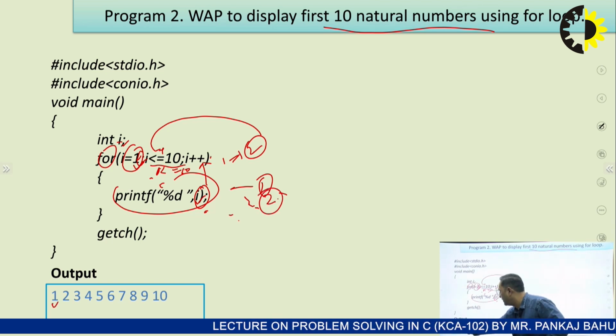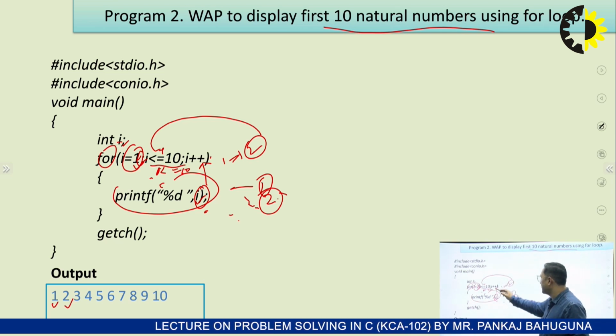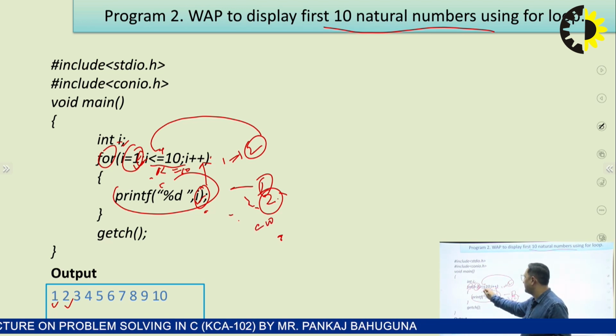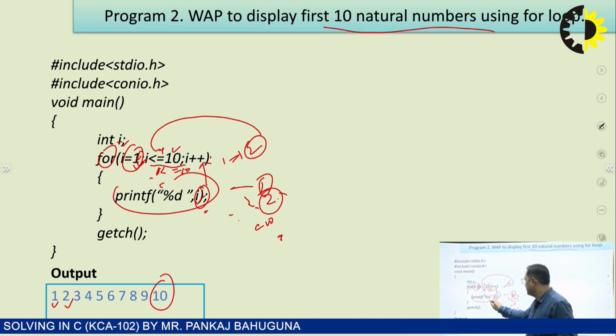So 1, 2, and it continues as long as the value of i is less than or equal to 10. When the value of i is 10, 10 is printed and the value gets updated to 11.